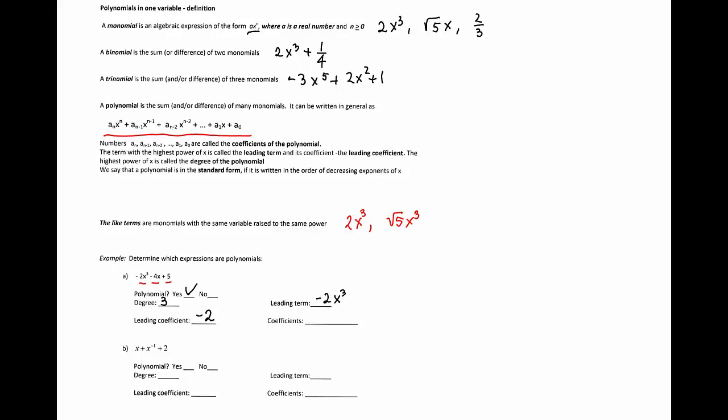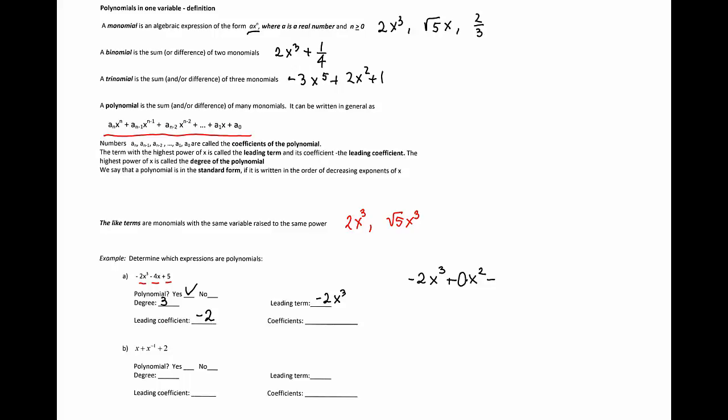As for the coefficients, we are looking for the numbers that stand with x to some powers in the decreasing order. So my polynomial can be rewritten as negative 2x cubed. The next term should have x squared, but there is no x squared in the expression, so that term comes with the coefficient 0.